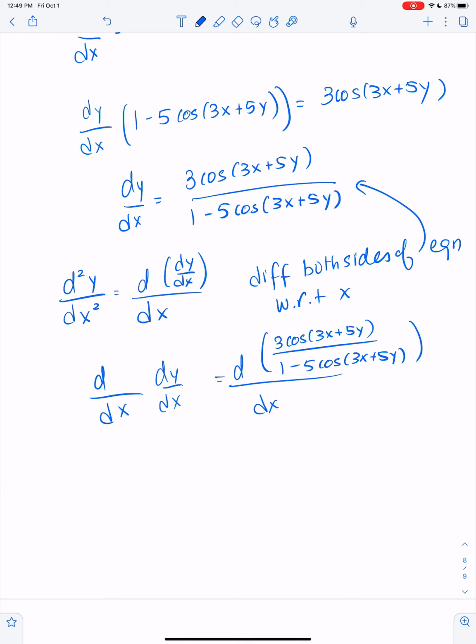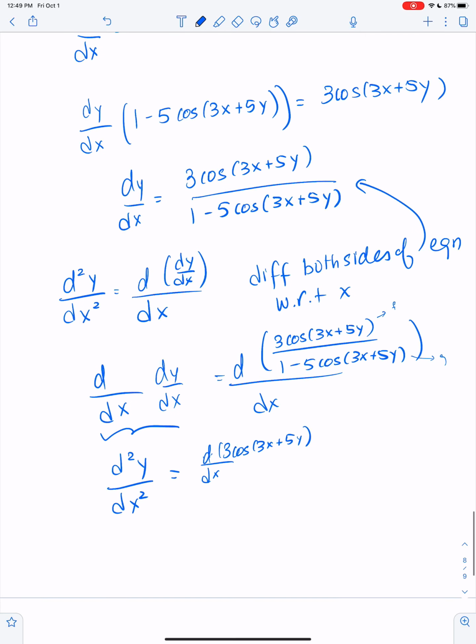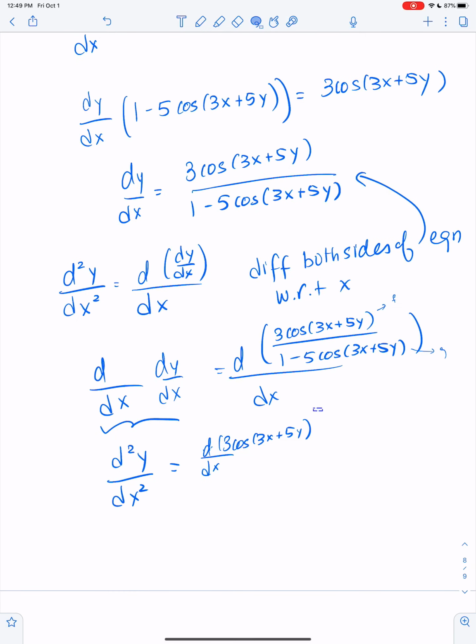The left-hand side, like we've seen, is just the second derivative that we wanted. Now, what is the right side? Well, for the right side, we'll have to use the quotient rule. That's the top and that's the bottom, f and g, so it is f prime. So I'm just going to write it as d dx of 3 cosine 3x plus 5y times the bottom. It's going to be a long looking thing.